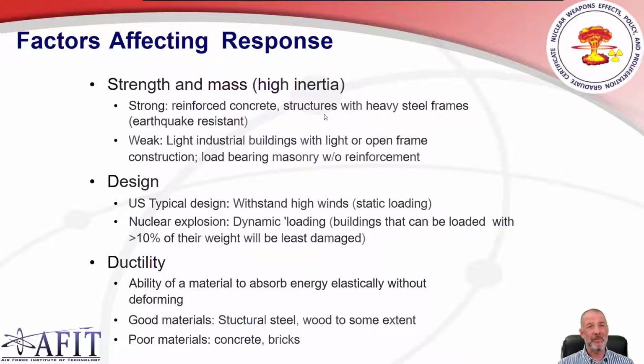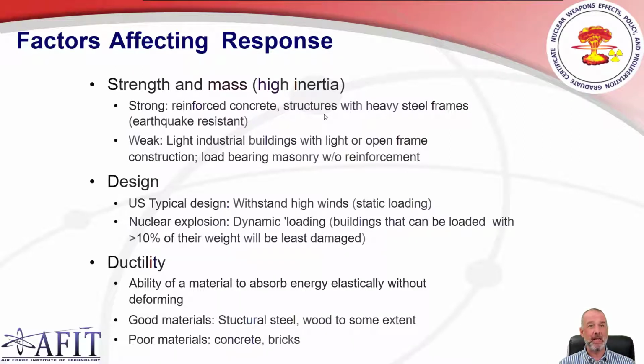Things like steel, some woods that have some give to them, if you will, some flex without sustaining damage. These are good for building materials to withstand pressure loading. Bad stuff is, unfortunately, what we'll call hard or brittle materials that over a certain amount of pressure loading don't do anything until you hit a critical limit, and then they fracture.